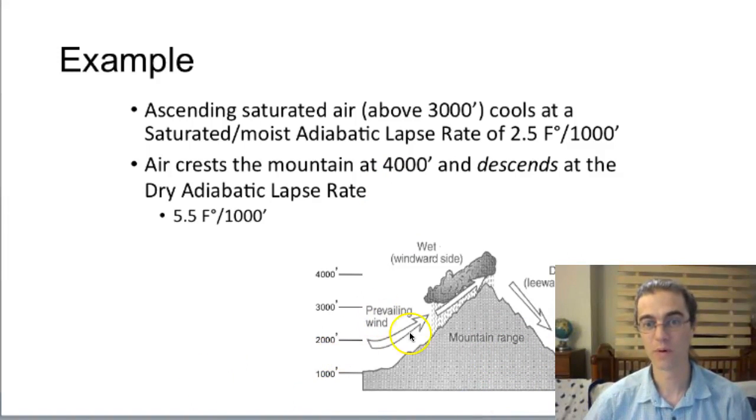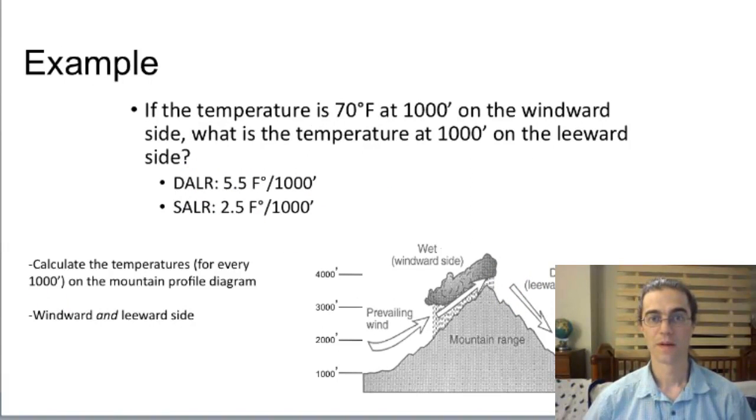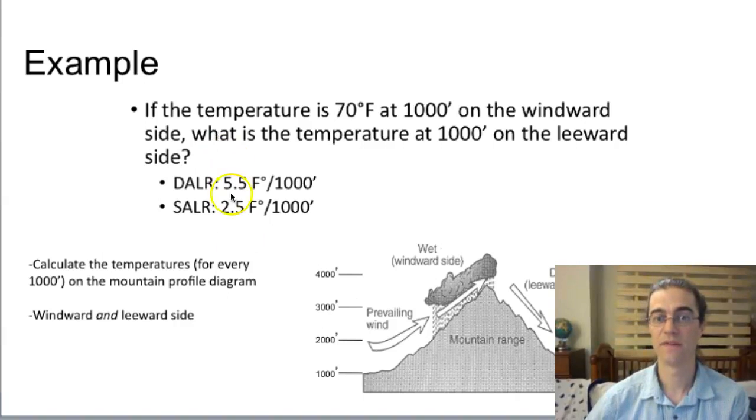We work up the windward side, reach the leeward side, and the air descends at the dry adiabatic lapse rate. So if the temperature is 70 degrees at 1,000 feet, down where you're starting on the windward side, what is the temperature at 1,000 feet on the leeward side over in the rain shadow?